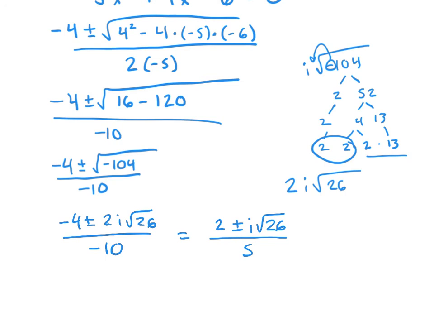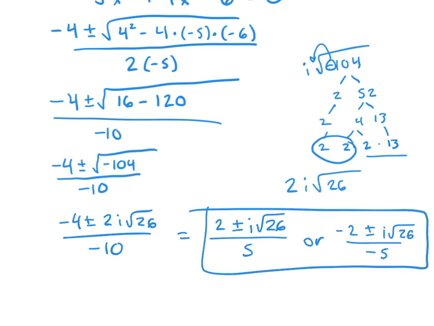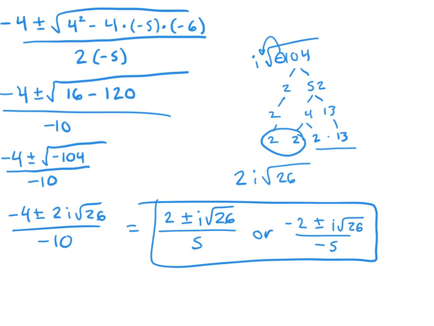So we divided everything by negative 2. So we could say 2 plus or minus i square root 26 over 5. Or if you wanted to divide everything by 2, we could say negative 2 plus or minus i square root 26 over negative 5. So either way would work. I would accept both of these as the correct answer.